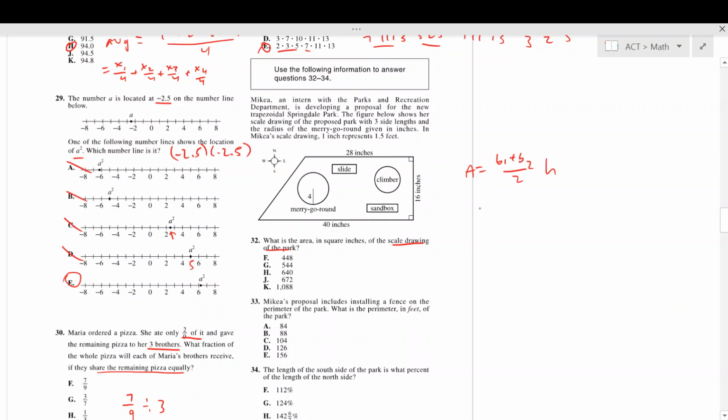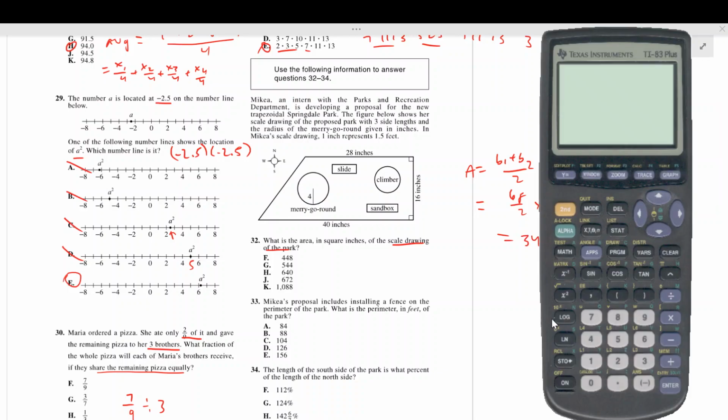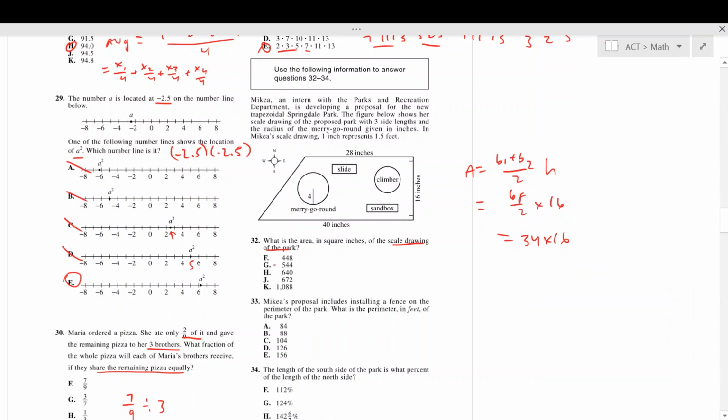This is just something you have to memorize. So area would be 28 plus 40, that's 68 over 2, times 16. That's 34 times 16, and I'm going to pull out the calculator because I cannot do that in my head. 34 times 16 is the area of the scale drawing, so not the actual park, just the scale.